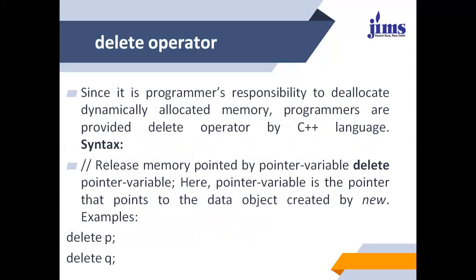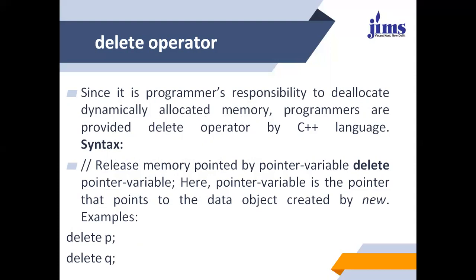Now next is the delete operator. Since it is the programmer's responsibility to deallocate dynamically allocated memory, programmers are provided the delete operator by the C++ language. The syntax is delete and the variable name. That's it. It releases the memory pointed to by the pointer variable.